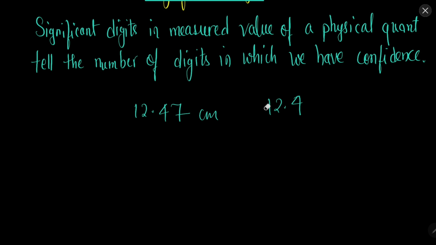So significant digits are the digits in which we have confidence that they are correct. For example, these three digits are significant digits because we have confidence in them. Significant digits are the digits in which we have confidence that we have measured them correctly.